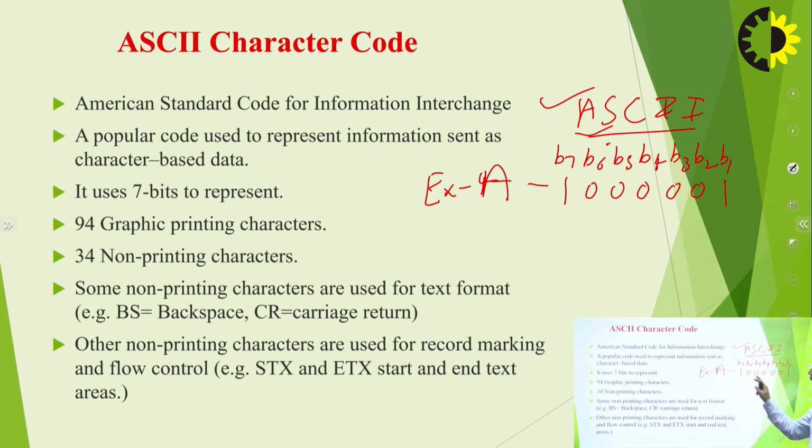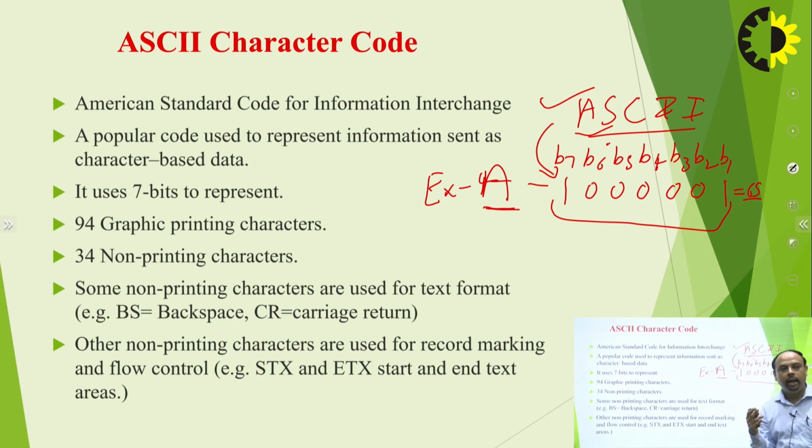This is the ASCII code representation of the capital A printing character. As you can convert it into a decimal number, it is equal to 65. So the ASCII code of A is equal to 65, and in binary it is 1000001.